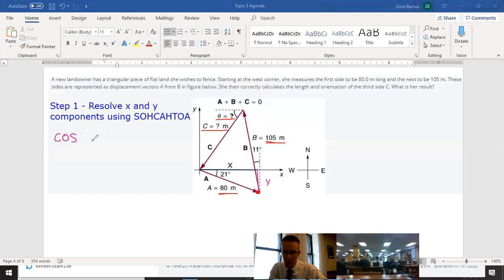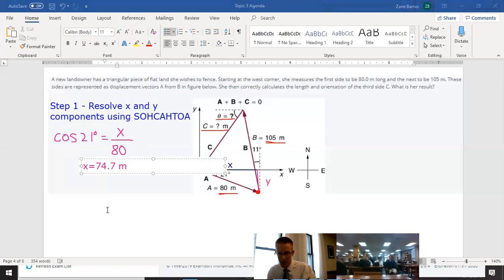So the cosine of 21 degrees is equal to my adjacent side, which is x, I don't know it, over my hypotenuse, which is 80. When you solve this equation for x, all you have to do is multiply that 80 over to the other side of the equal sign, and you get cosine of 21 times 80. Plugging this in, x is equal to about 74.7 meters.